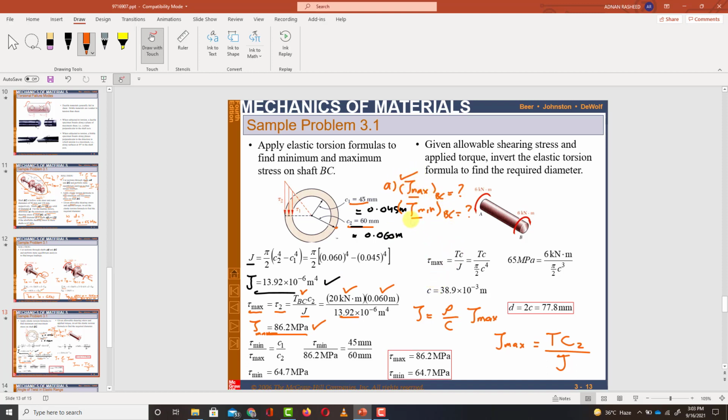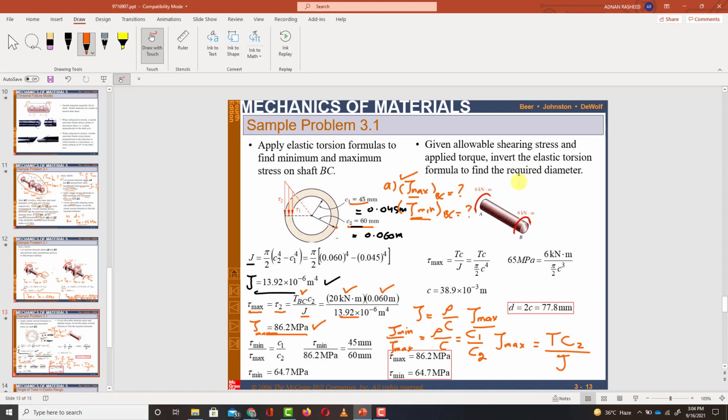Now we will calculate tau minimum. As you know that tau is equal to rho over C into tau max. So if you divide it, we get tau over tau max equal to rho over C. If this tau is the minimum tau, then rho will be equal to C1 and the below one will be equal to C2.